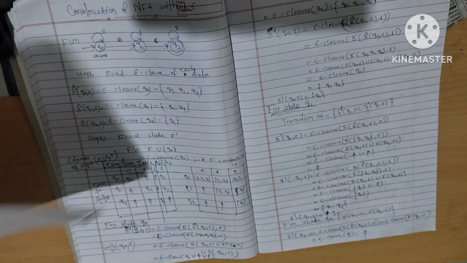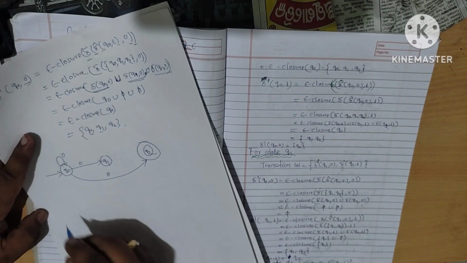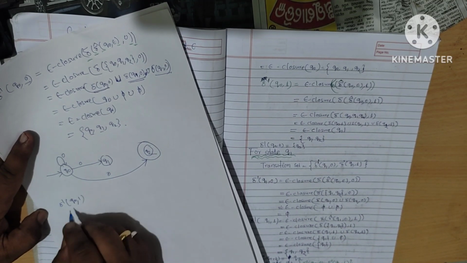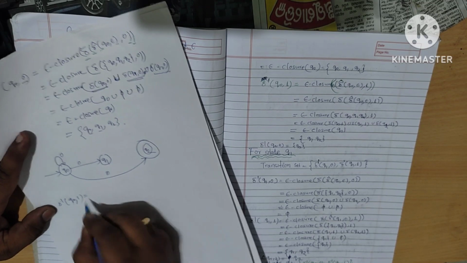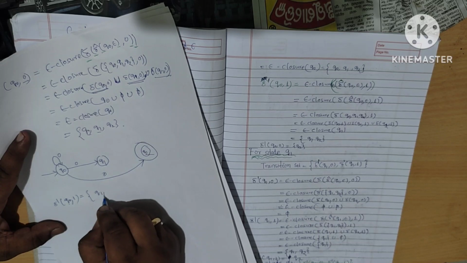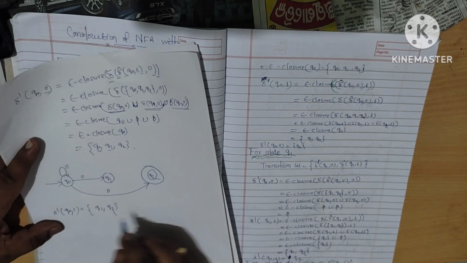Similarly, we have written for q0 comma 1. On q0 with 1 transition, I got the answer q1 comma q2. The same policy is applied here.